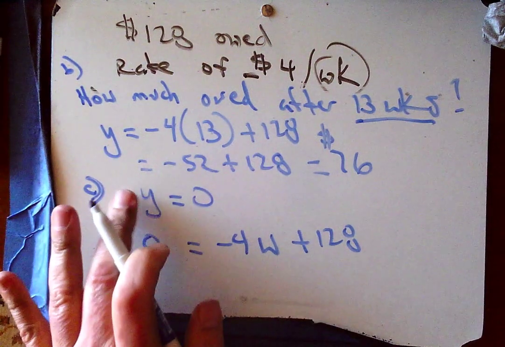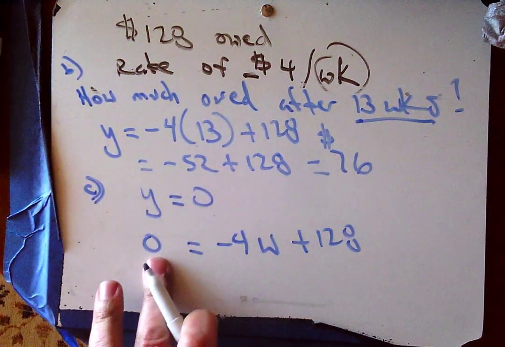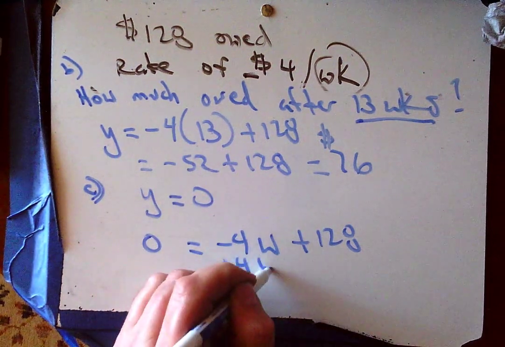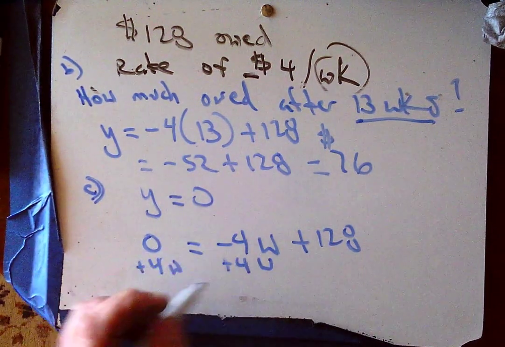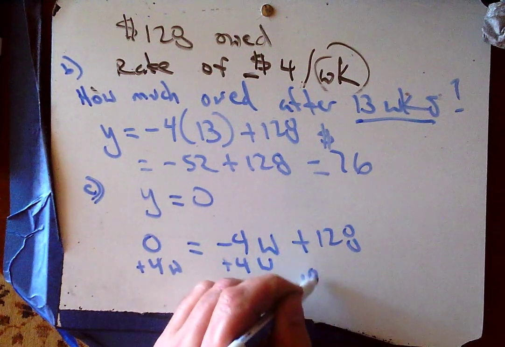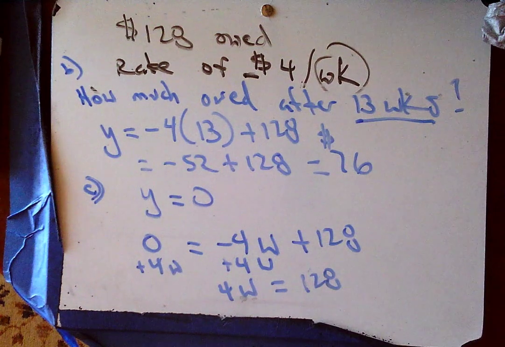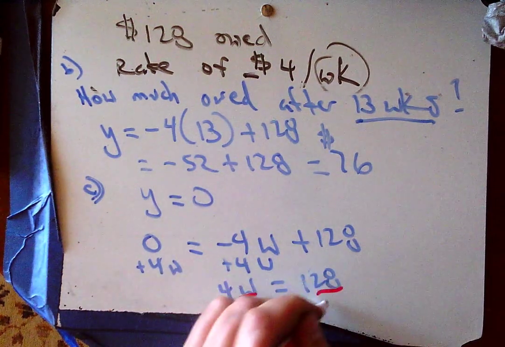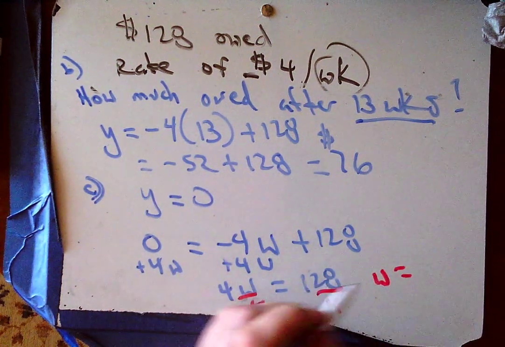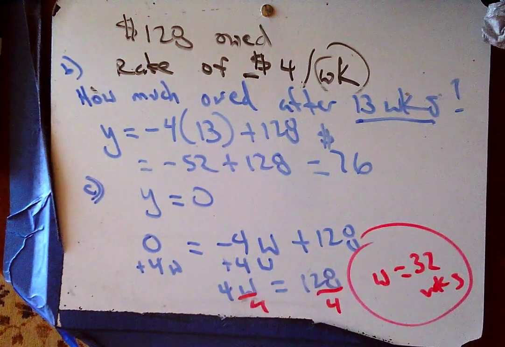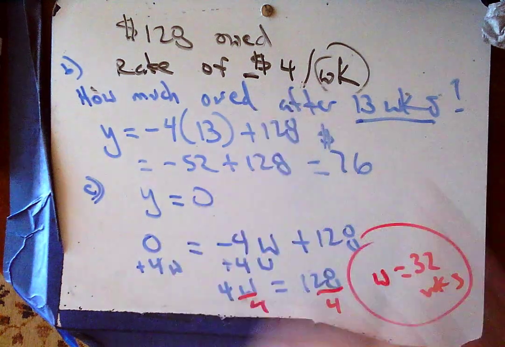We want to know when the amount owed is 0, so we plug in 0 for the amount owed, and we solve this equation for w. I'm going to add 4w to both sides. 4w equals 128. And then, when I divide both sides by 4, I get w equals 32 weeks. It will take your brother 32 weeks to pay off his debt to you if he pays back $4 each week.